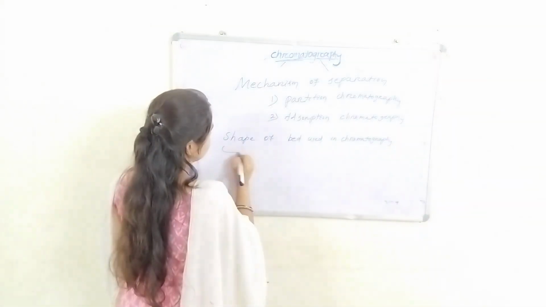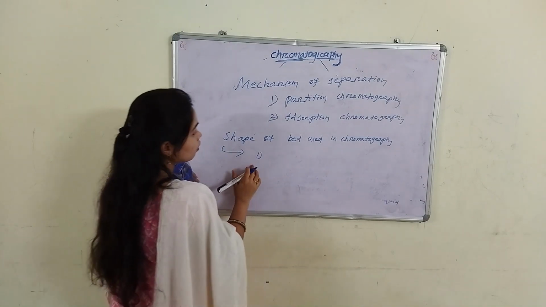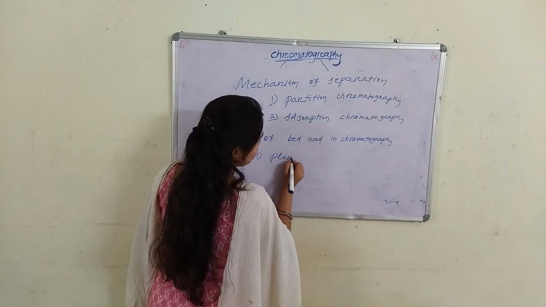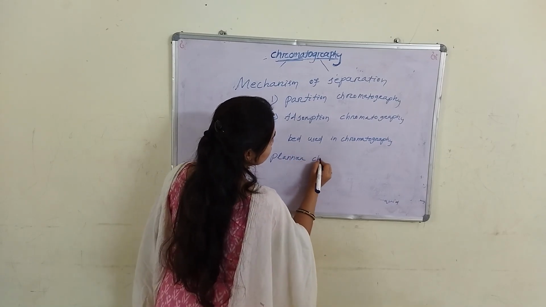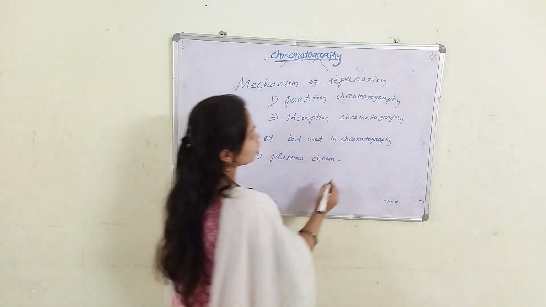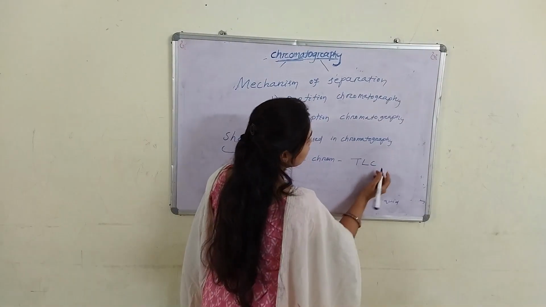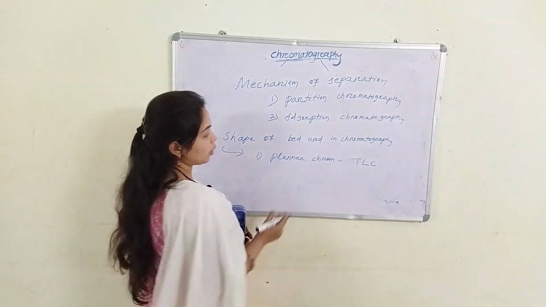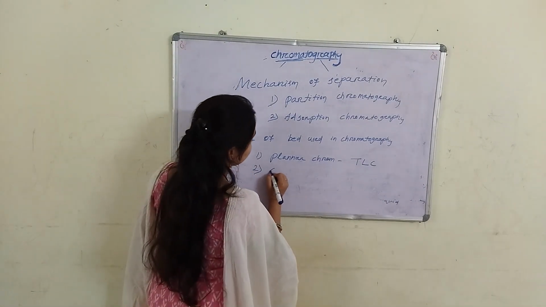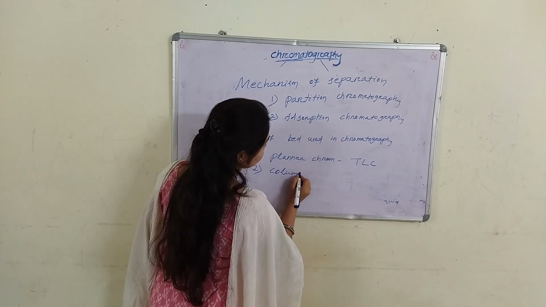One is planar chromatography. If you take the example of planar chromatography, then TLC, thin layer chromatography, or paper chromatography. And the second one is column chromatography.